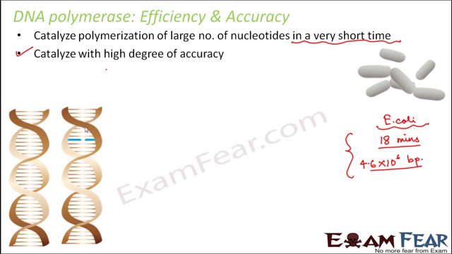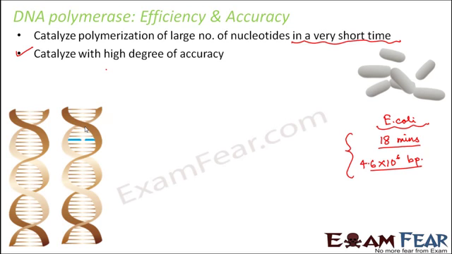But mistakes can happen, it is not error free. Mistakes can happen even by DNA polymerase, but at least it has a high degree of accuracy. A mistake is made in every billion base pairs copied. So that is very small, right? Just one mistake in 1 billion base pairs copied.